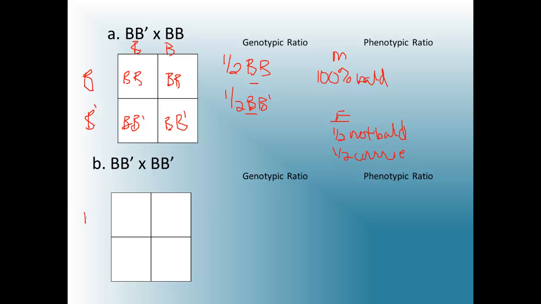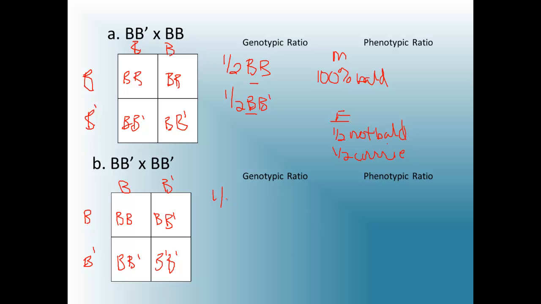Now let's do this again. Now we're going to cross two heterozygotes. So both mom and dad are heterozygotes. Mom would not be bald, dad would be bald. We're still filling across, filling down. And we end up with this result.